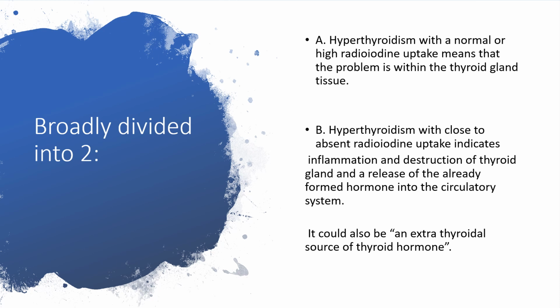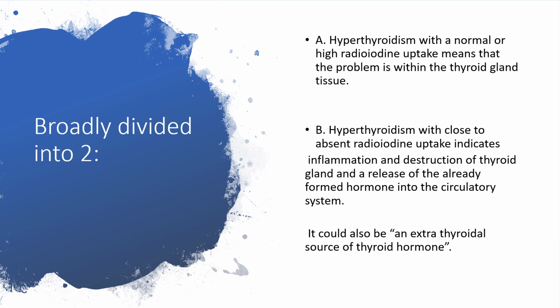If that is not the case, hyperthyroidism with close to absent radioiodine uptake indicates that there is an inflammatory process going on, and that destruction of the thyroid gland and a release of the already formed hormone into the circulatory system is the problem. Let me explain. Like I've said, A means radioiodine uptake is good or very high or normal. The problem is within the thyroid gland.